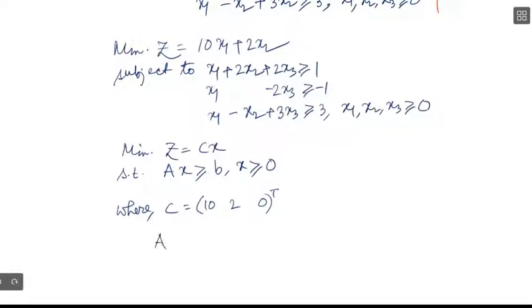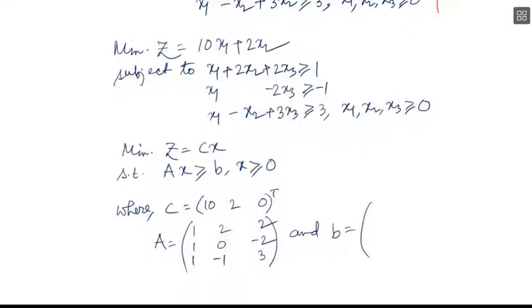Then the coefficient matrix A is 1 2 2, 1 0 minus 2, 1 minus 1 3, and the requirement vector B is the right hand side vector 1 minus 1 3, and obviously x equal to x1 x2 x3, and it is non-negative.